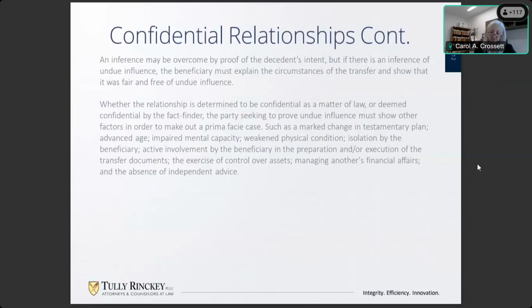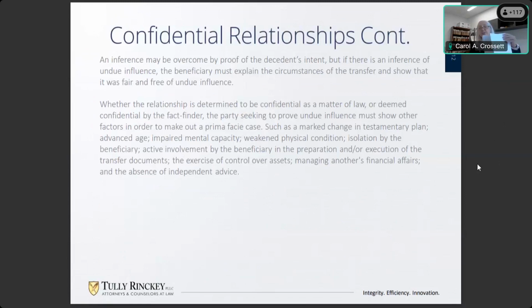And on these facts, the Second Department affirmed the dismissal of the objections to probate because it held that the fact that the proponent may have been in a confidential relationship with the decedent is counterbalanced in this case by the closeness of the family, and no inference of undue influence arose in those circumstances.